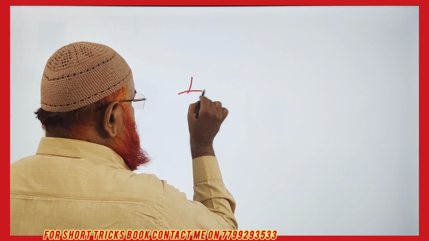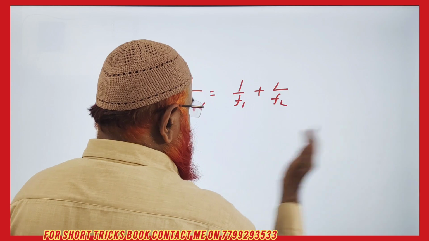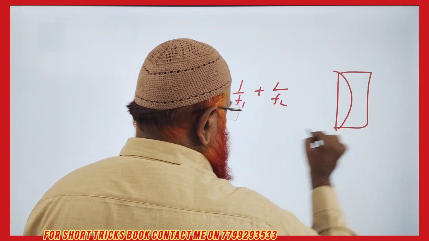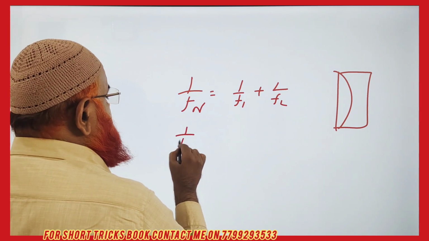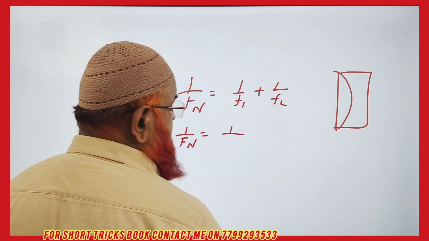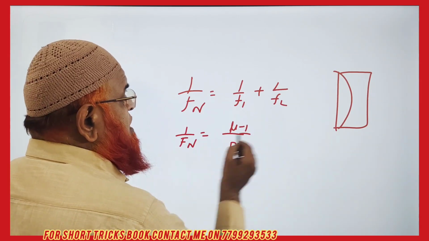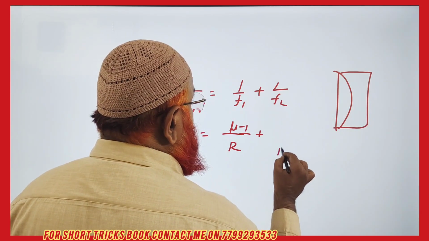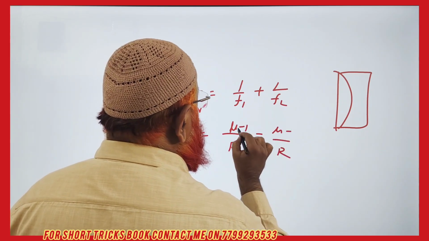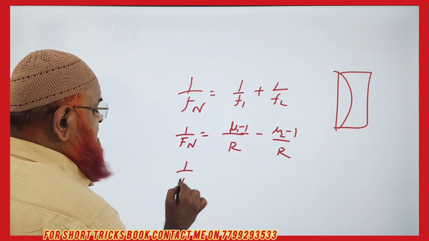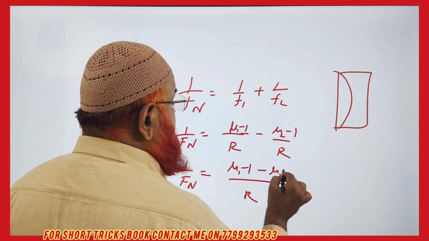So what will we do now? 1 by f net is equal to 1 by f1 plus 1 by f2, since they are clubbed like this. This is the general formula for finding the resultant focal length. So 1 by f net is (mu1 minus 1) by r for the plano-convex, plus, for the other, minus of minus r, so the minus becomes plus, (mu2 minus 1) by r. With r as the LCM, mu1 minus 1 minus mu2 plus 1.